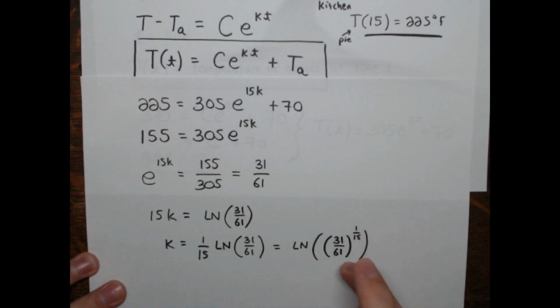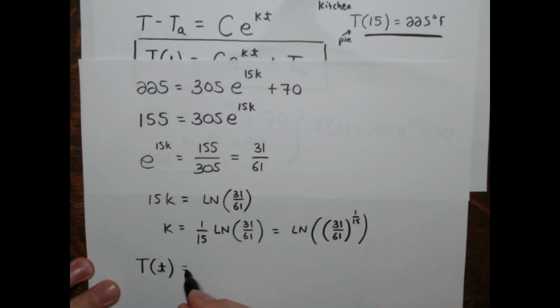All right, so I pop this in for K. So now we have the temperature of this pie at time t. It's 305, right? That was the value of that C times e to the Kt. So t times this natural log of 31/61 to the 1/15 power.